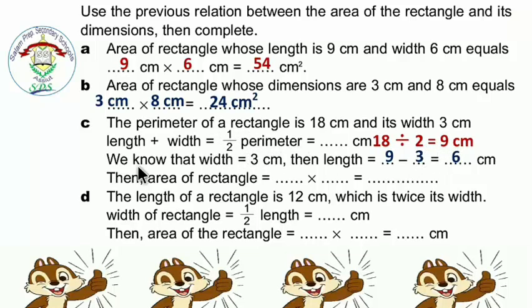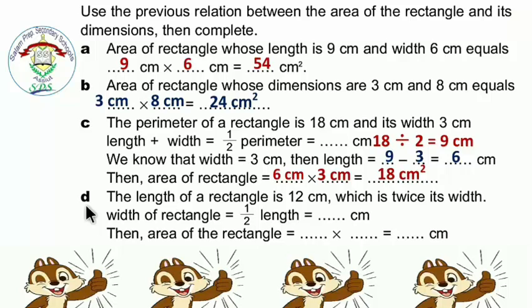So to find length plus width, we put perimeter 18 divided by 2 equals 9 centimeters. Then area of the rectangle equals length times width. 6 centimeters times 3 centimeters equals 18 square centimeters.